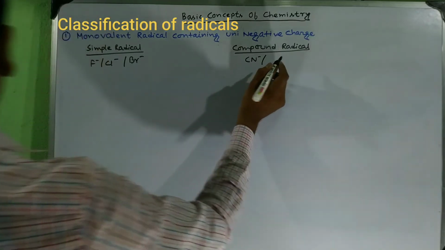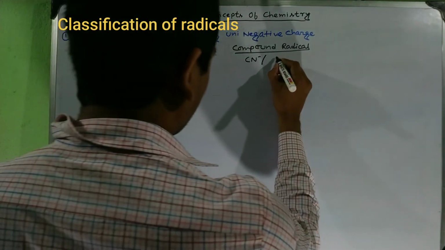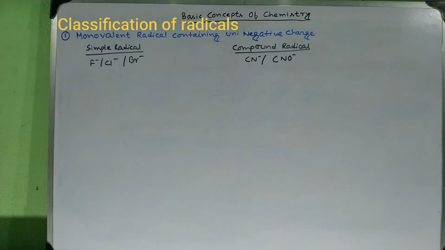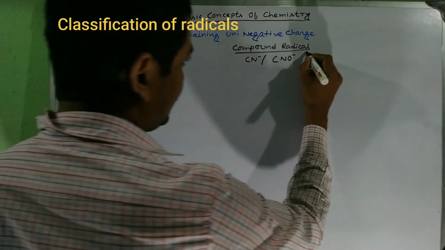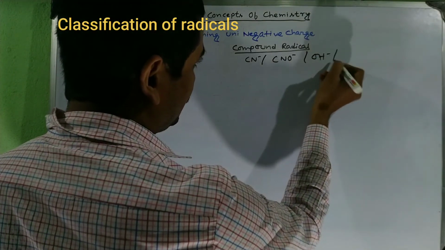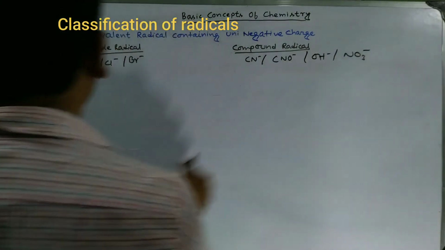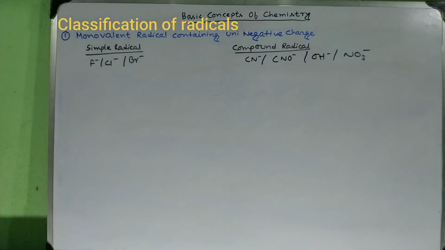Cyanide. Clear? Cyanate. There are so many examples in this class. We all know hydroxide, NO3 minus, etc.